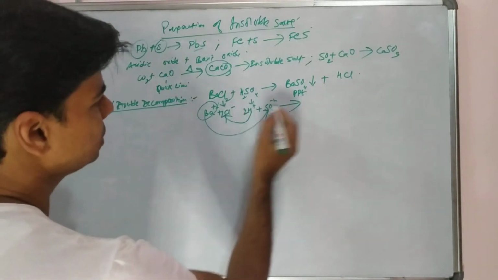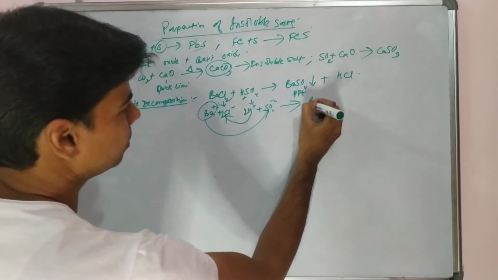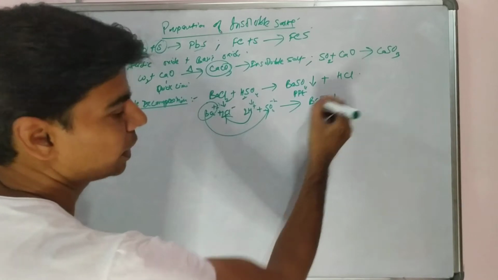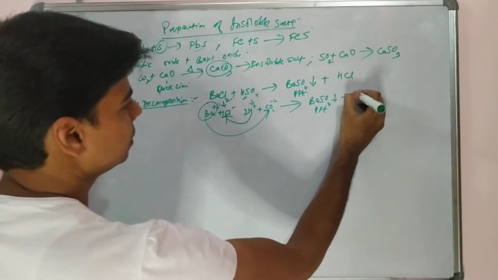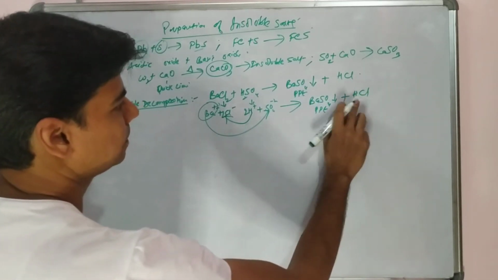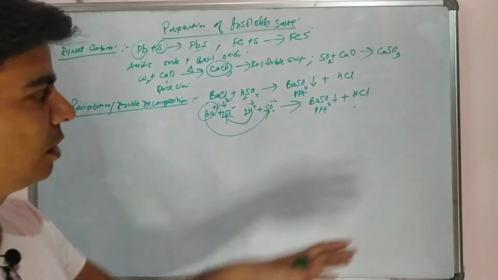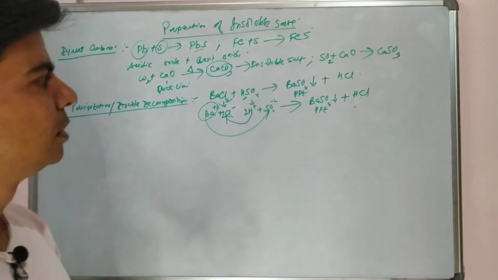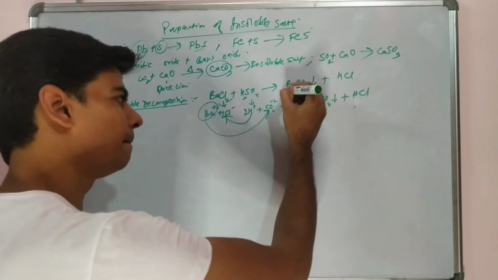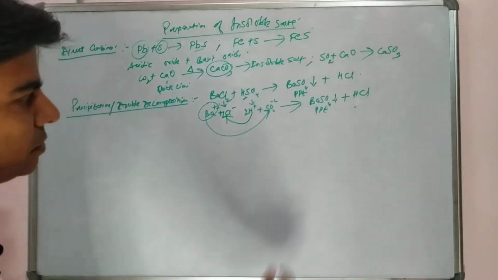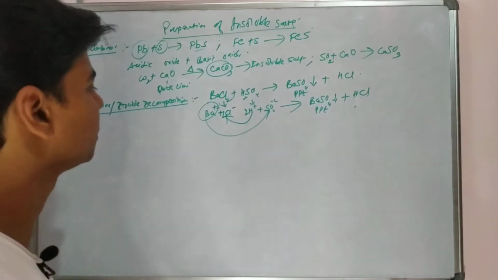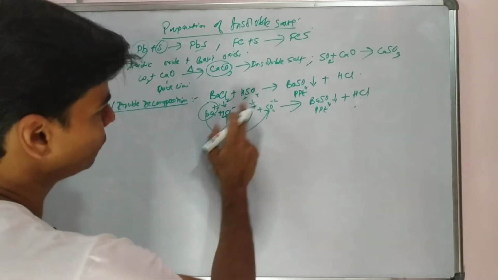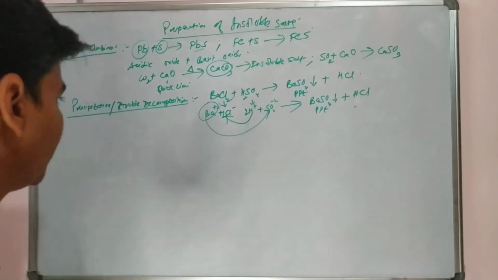The product is barium sulfate, a precipitate, shown by the downward arrow. The other compound is HCl. So these are precipitation reactions wherein two solutions are mixed to give a solid precipitate that settles down at the bottom. Similarly, it is double decomposition because exchange of radicals has taken place here.